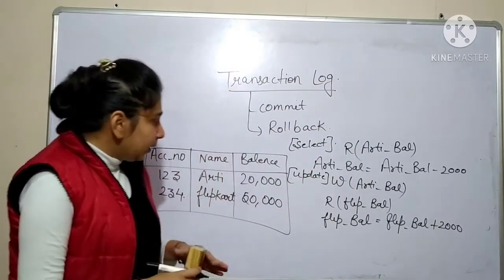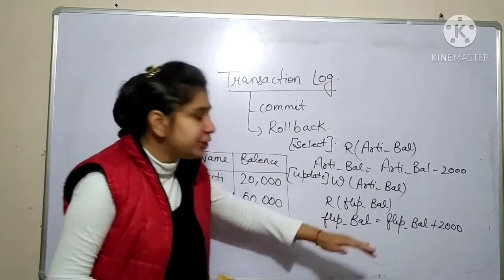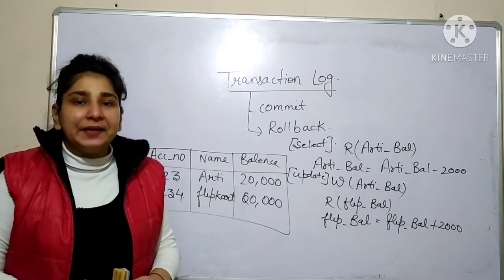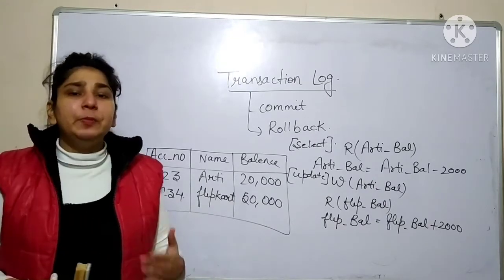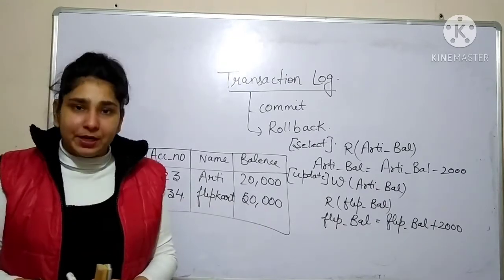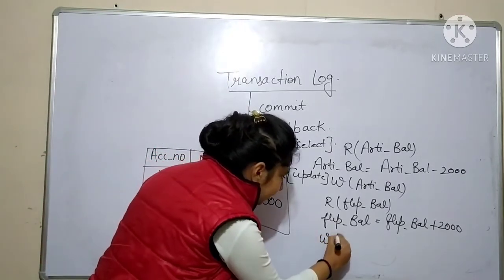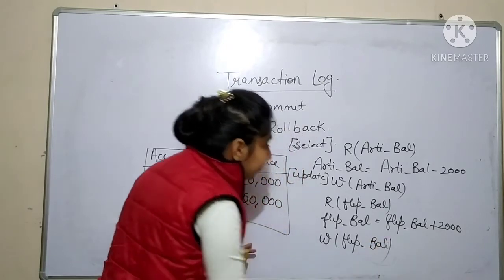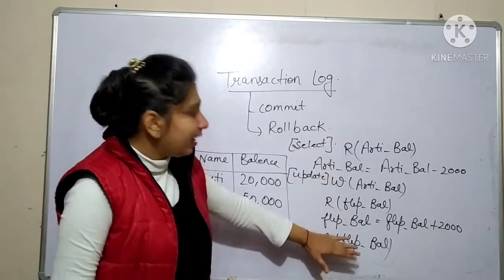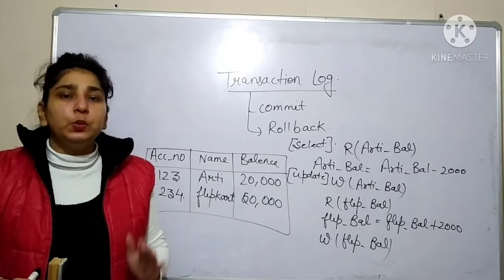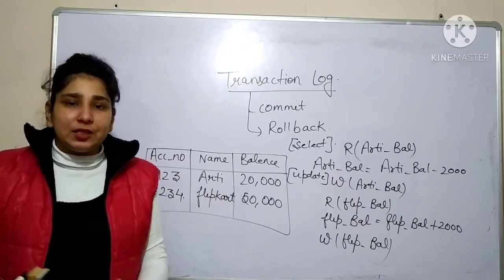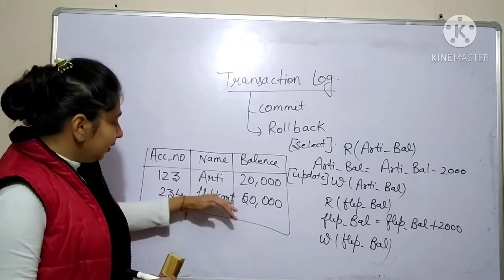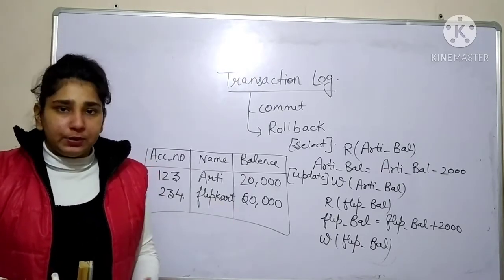Now I want to reflect this addition of 2,000 rupees in the database, so I will perform the write operation: write Flipkart balance. So these are the instructions we run if we have to transfer 2,000 rupees from Aarti's account to Flipkart's account.